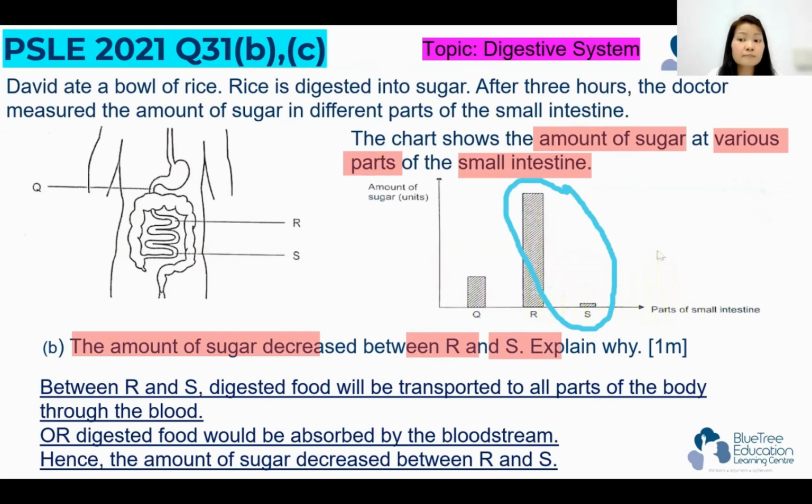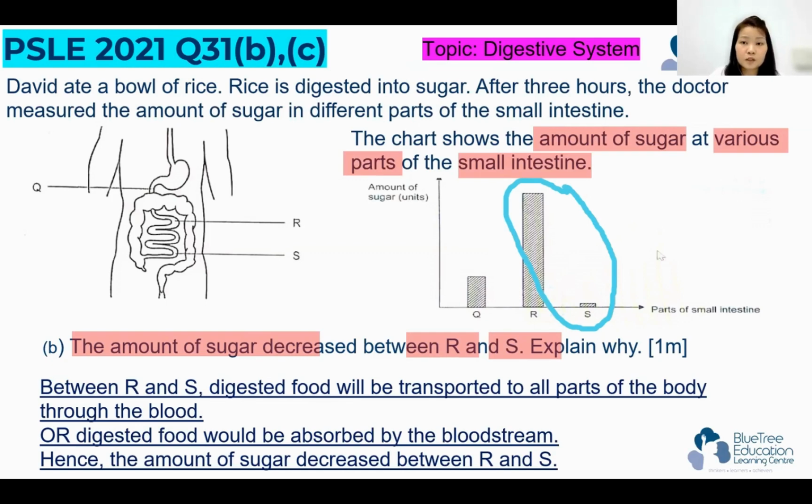But they are mentioning R to S, this portion here. As the food is passed through, the digested food will be absorbed by the bloodstream. Hence, the amount of sugar decreased between R and S. If you notice, at various points Q, R, and S, definitely there are digestive juices.